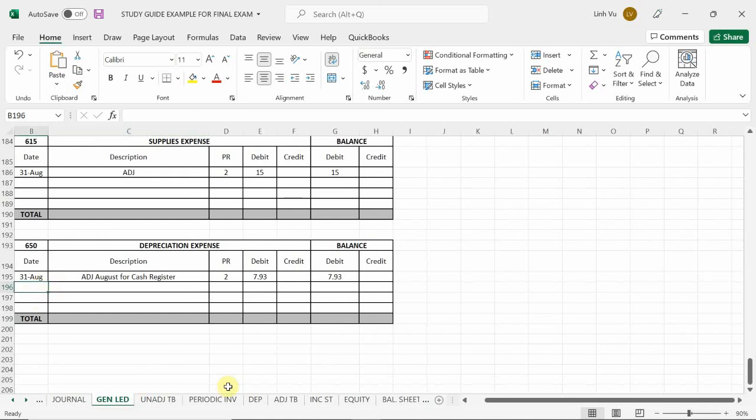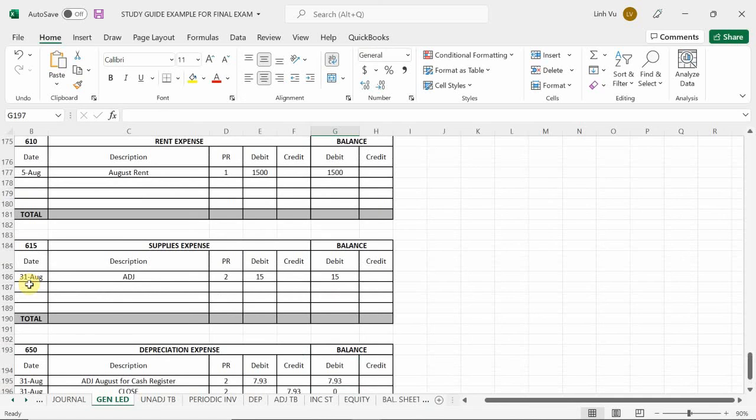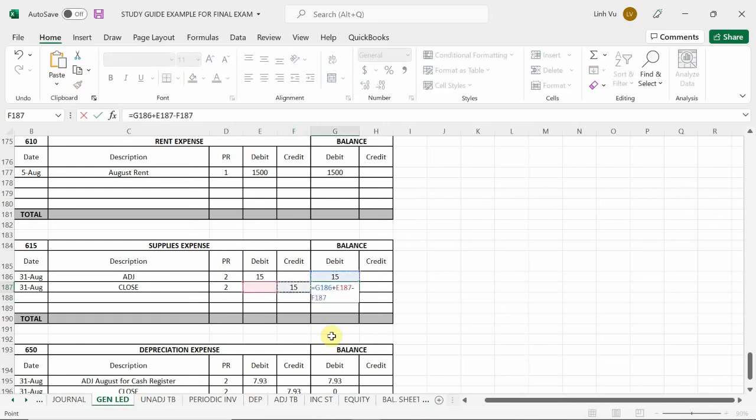So starting from the very bottom, 831 close for $7.93. Bring my account balance to 0. Okay. We got to close out my supplies expense for the $15, which should bring my account down to 0.